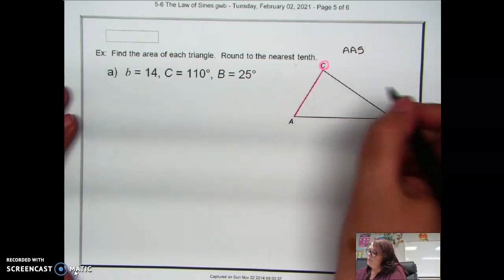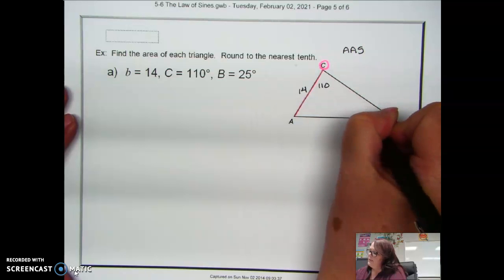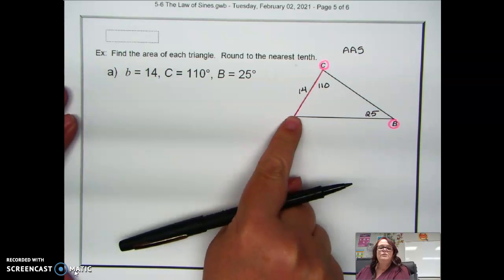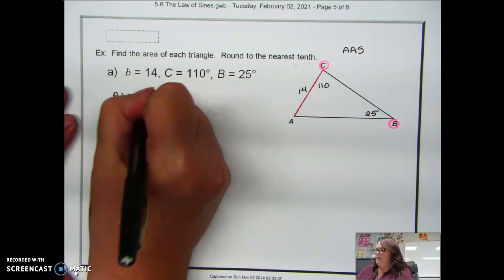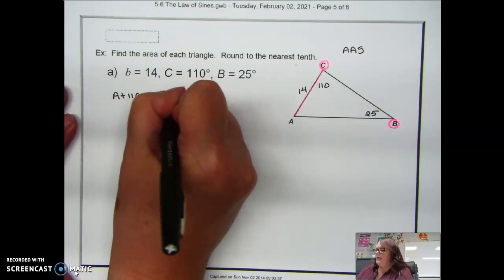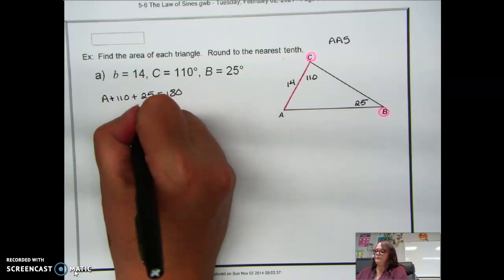So if we look at this, we've got little b is 14, big C is 110, and big B is 25. So we need to find big A. So I can say that A plus 110 plus 25 gives me 180. And so in my calculator, I'm going to do 180 minus 110 minus 25, and that gives me 45.